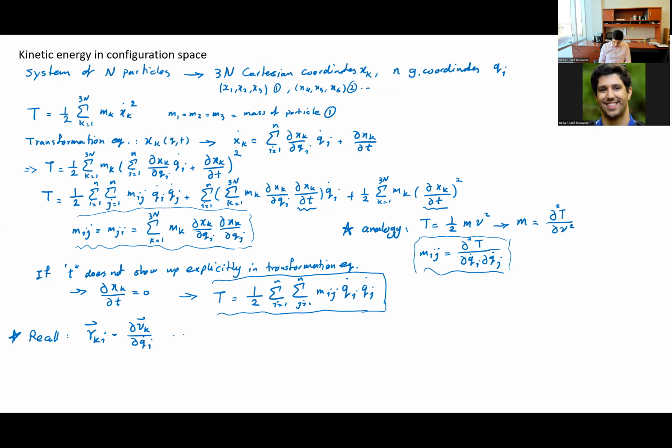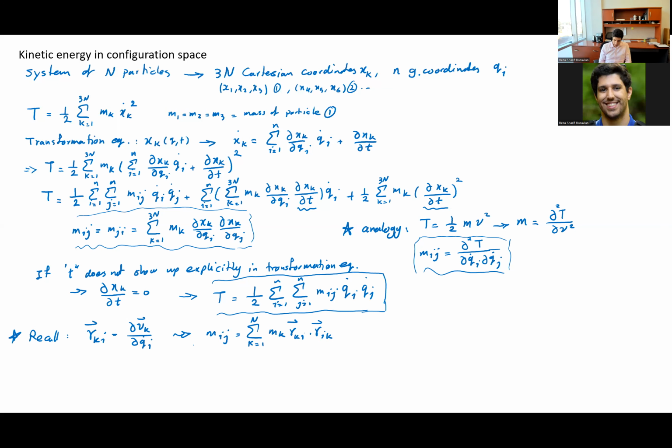With this definition, you can work out the details. I'm not going into the short derivation. m_ij will be a summation over all particles, so k equals 1 to n, of m_k gamma_ki dot gamma_kj. And remember, gamma_ki and gamma_ik are different things.